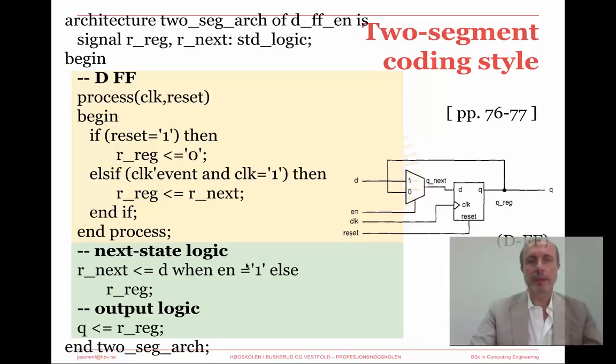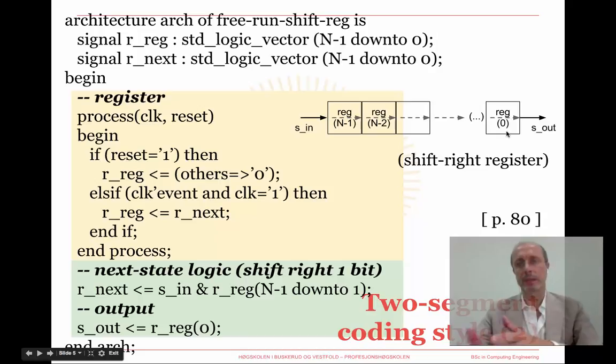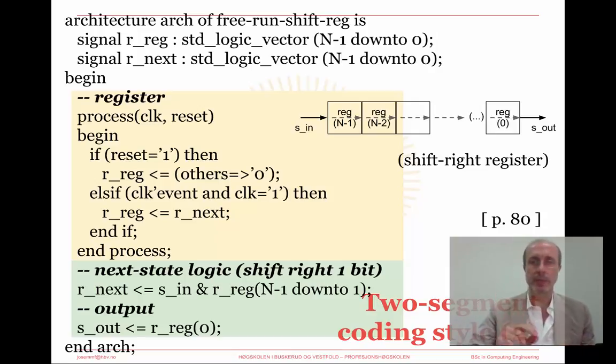Now, as an additional example, slightly more complex, to illustrate the two-segment coding style, we can look at the case of a simple shift-right shift register. So this type of circuit will shift its content to the right by one position for each clock signal.